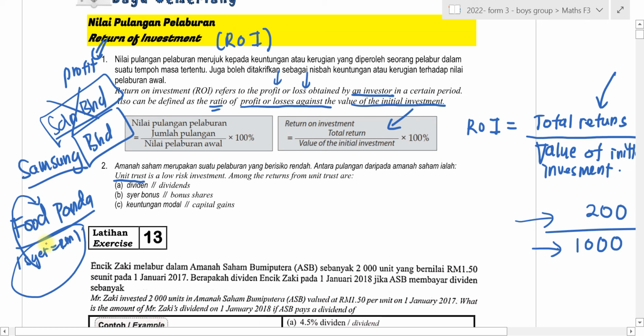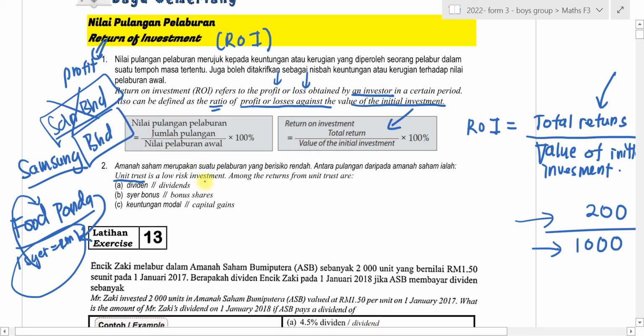You will gain back the money, but you have to harvest it patiently. You must wait for certain years, then your money will be returned. For example, you buy the 1 million shares already, right? So every year Food Panda will pay you dividend.